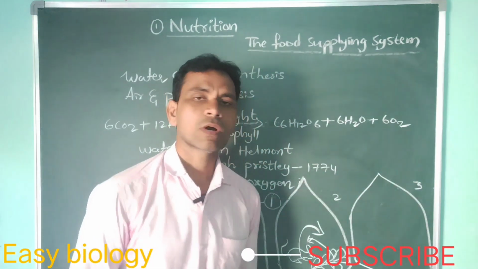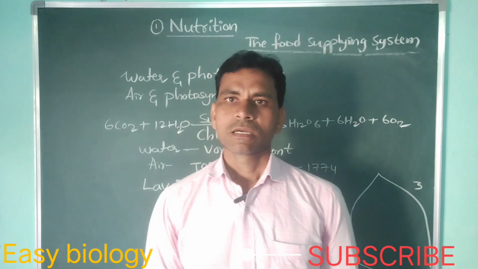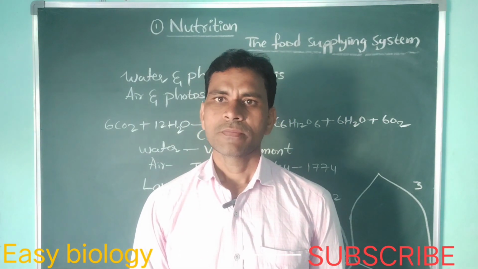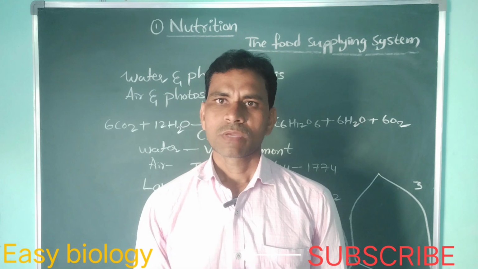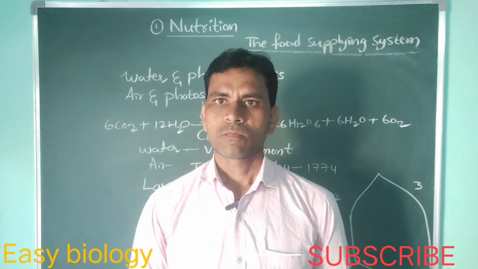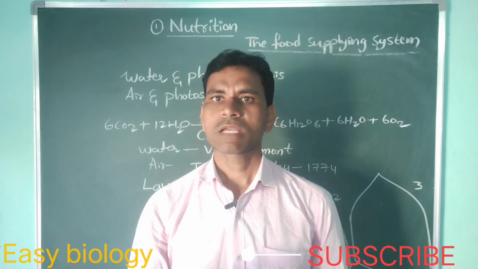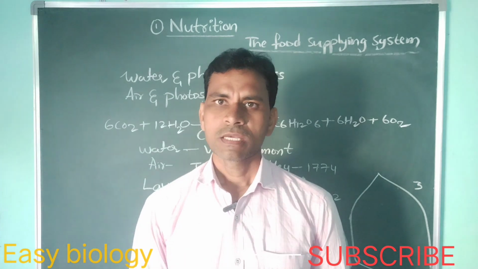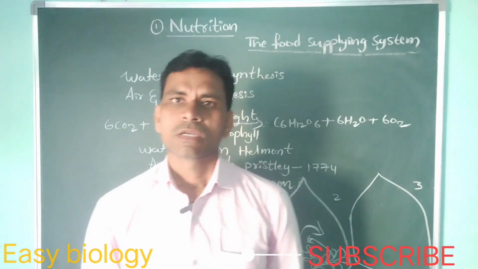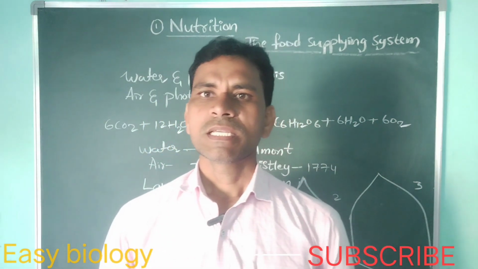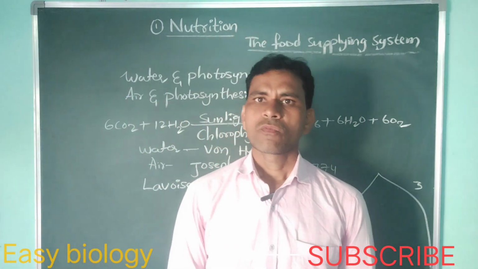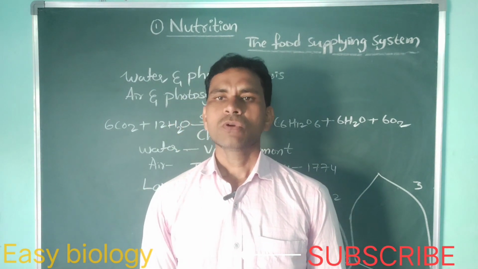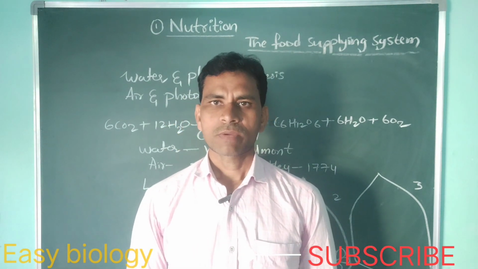For this he took one willow plant and one large pot filled with soil. He kept the plant in the pot, covered it with the lid, not allowing any other materials, just giving water only. And he concluded that the plant mass is increasing due to the water. At that time they didn't know that other materials are also required.